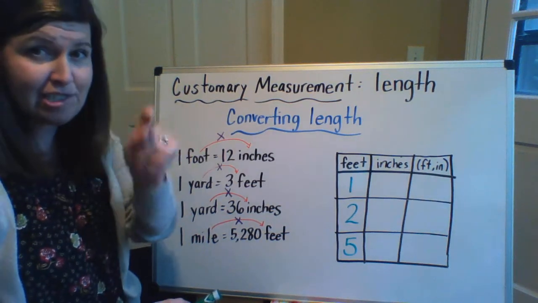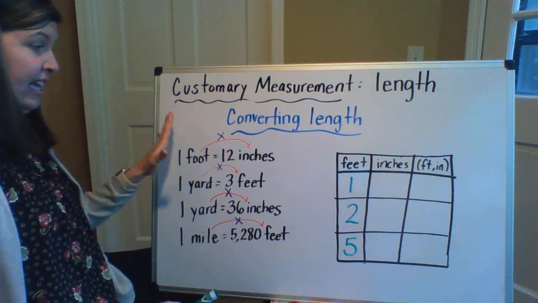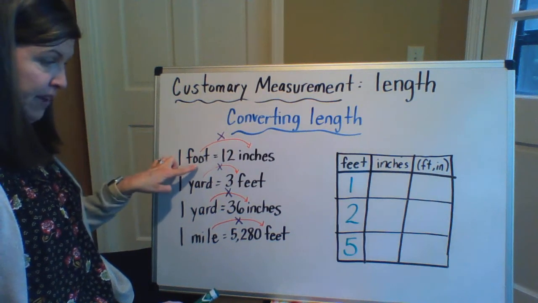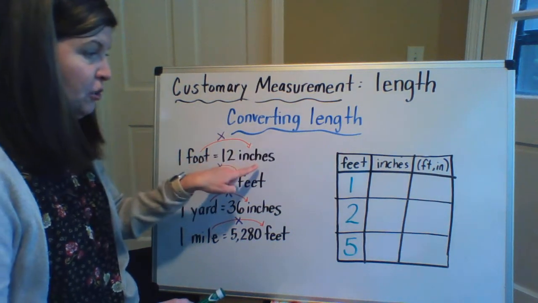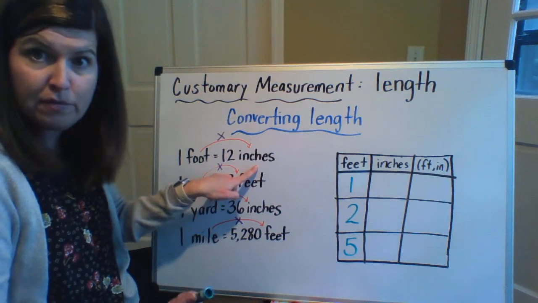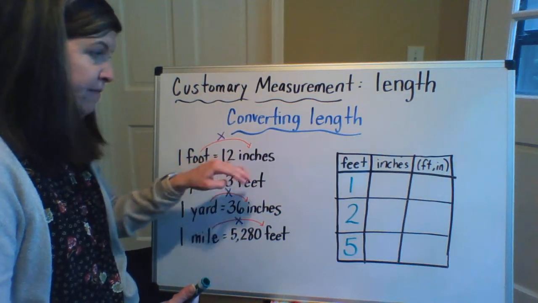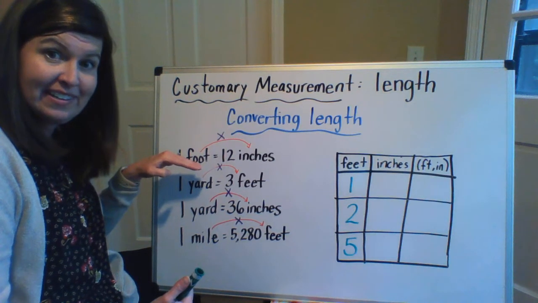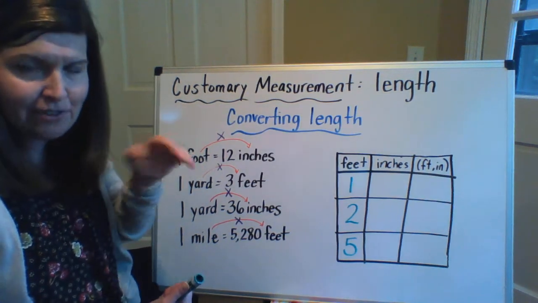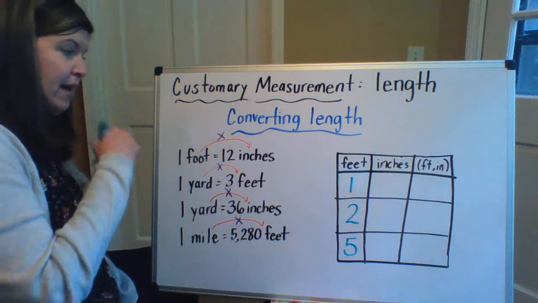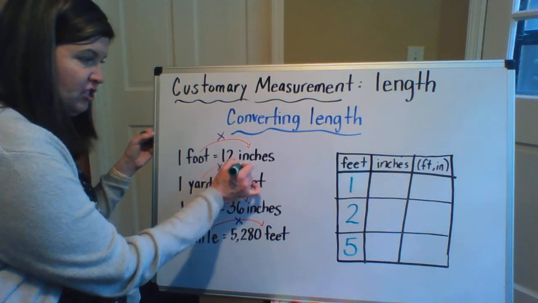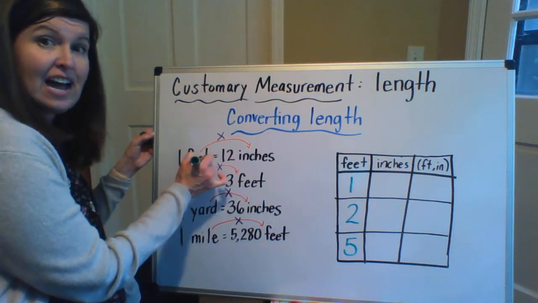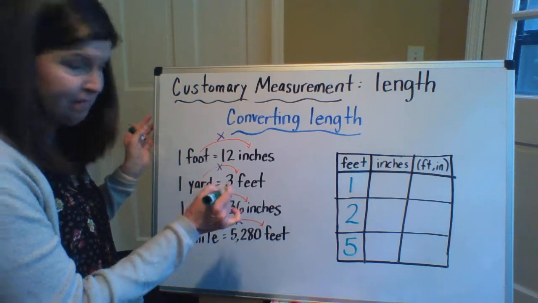I'm just going to say this so it can kind of sink in. If you go from a bigger form of measurement to a smaller unit and you're multiplying, if you do the opposite, you would divide. We're not going to get into that today, but if I was going from inches to feet, I would divide.